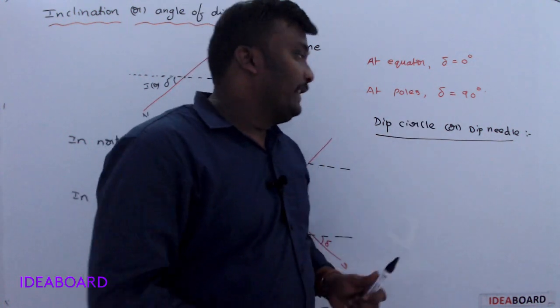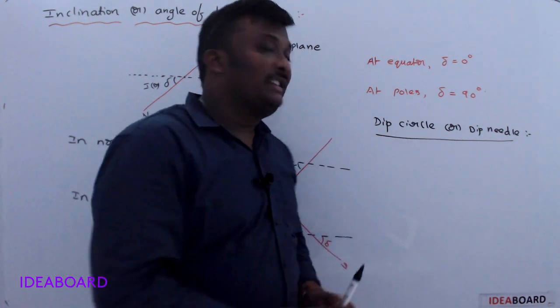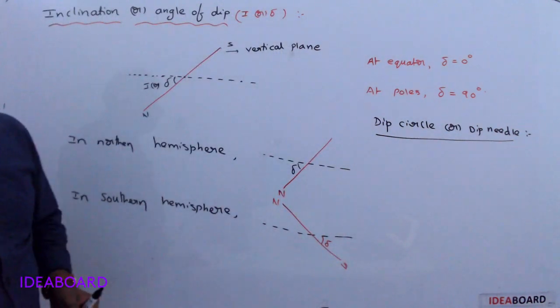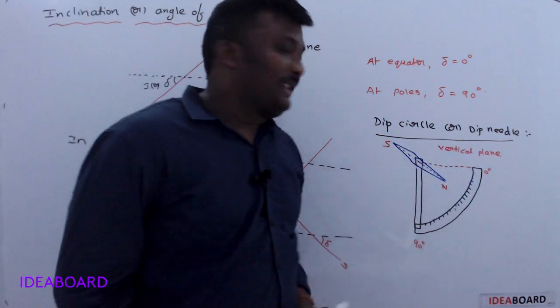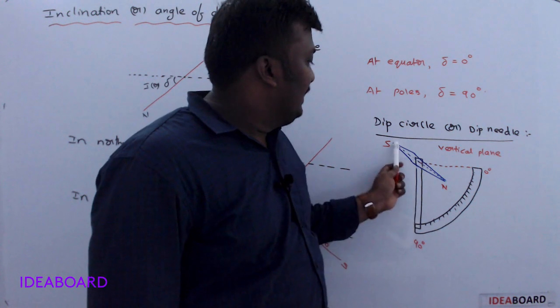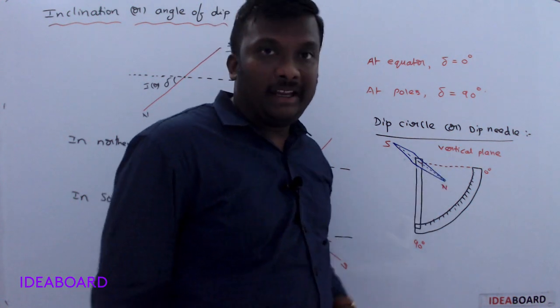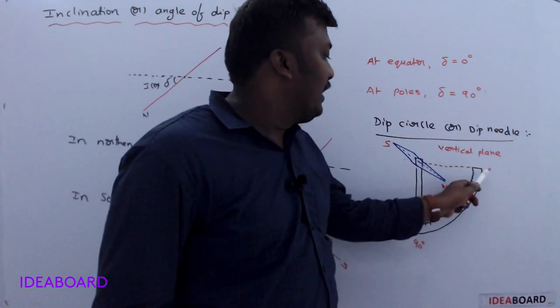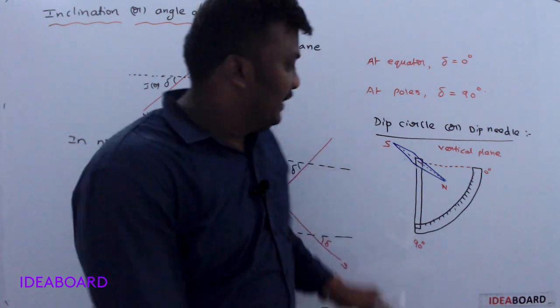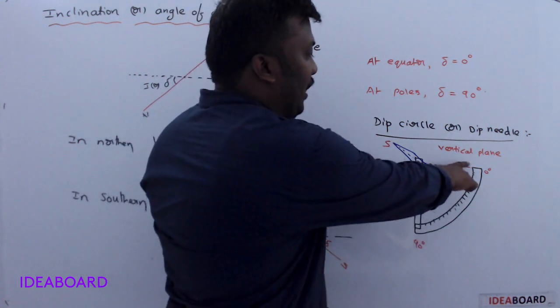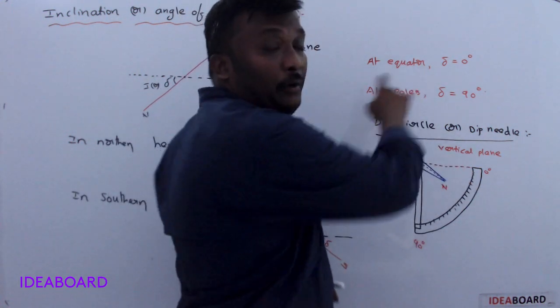Let us see what the shape of this dip circle is. This is the dip circle. In the dip circle, the compass needle is in the vertical plane and it consists of one scale. If the dip circle needle lies in the horizontal direction, then it is at the equator.